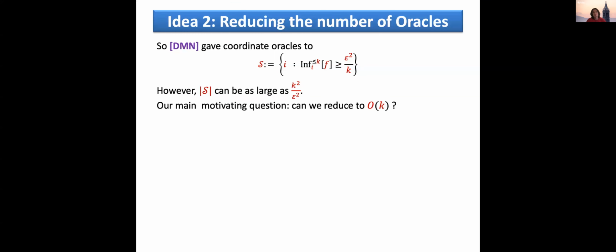So our main motivating question was, can we take this set S and reduce it down to something that's just O of k? Maybe O of k over epsilon, but I'm treating k as the more important parameter here.